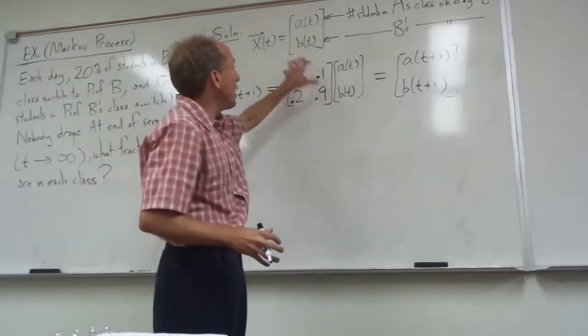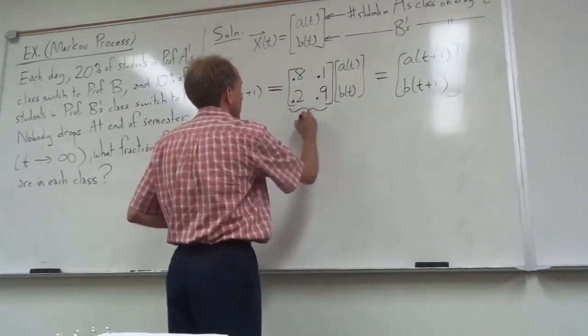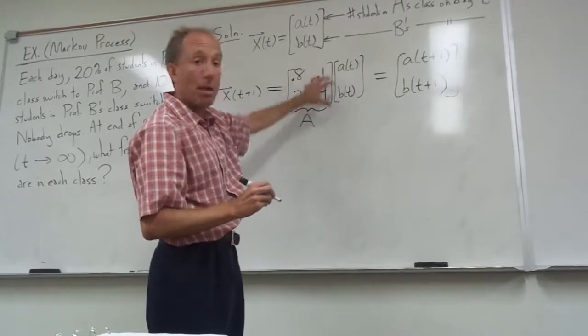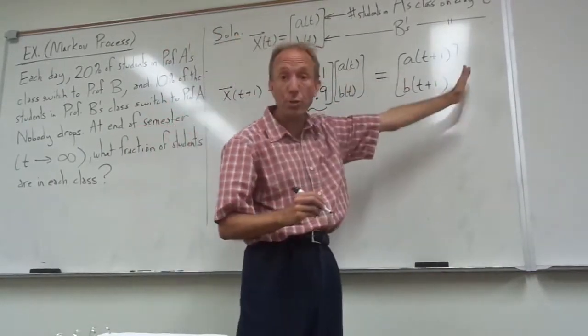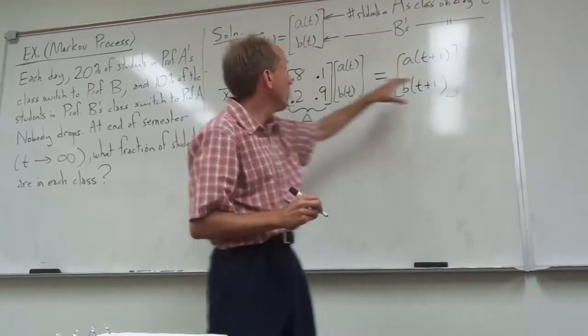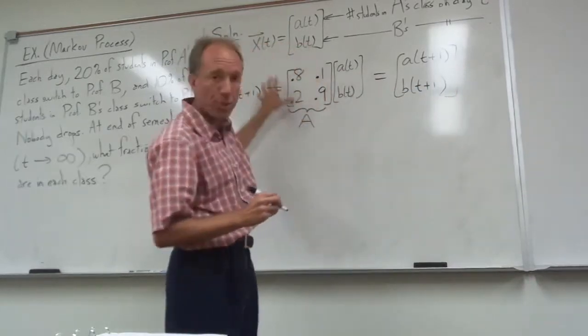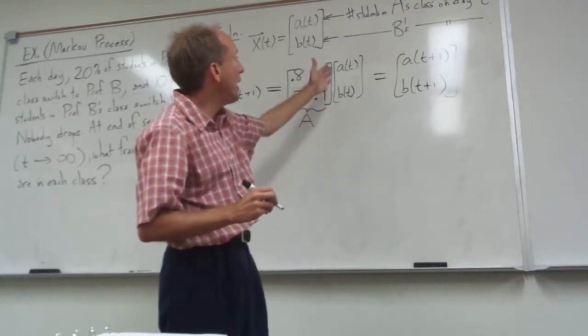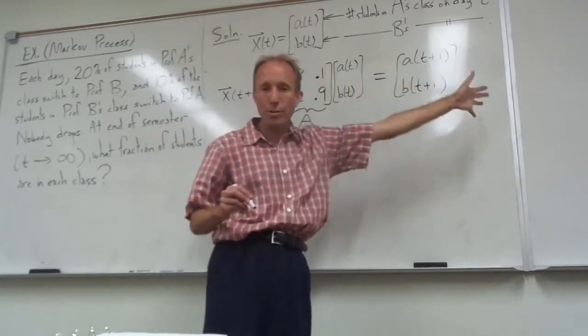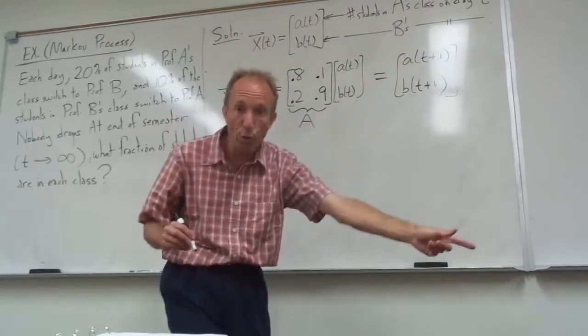Every time I multiply by this matrix, call it capital A here, I essentially take this vector and add one day to it. So if I multiplied twice by this matrix, I would effectively be looking at how the distribution of the students looks 2 days forward.